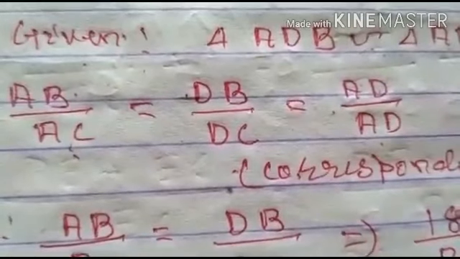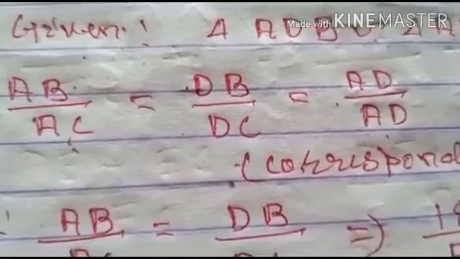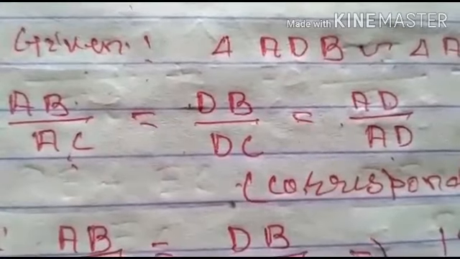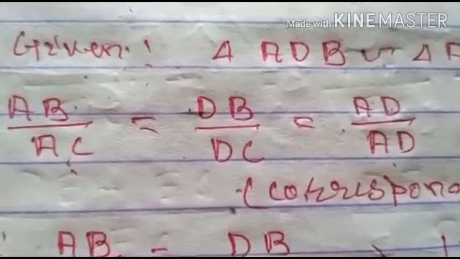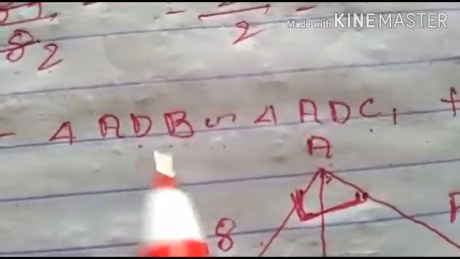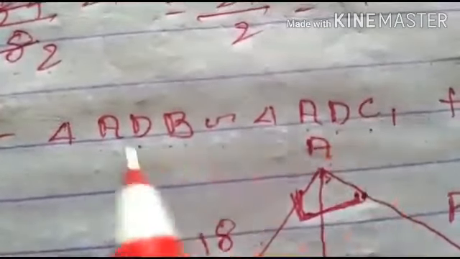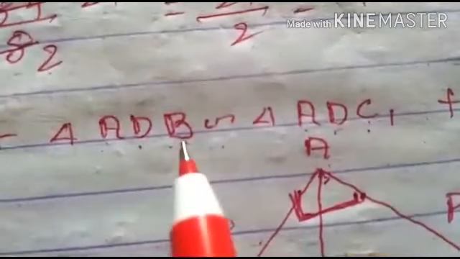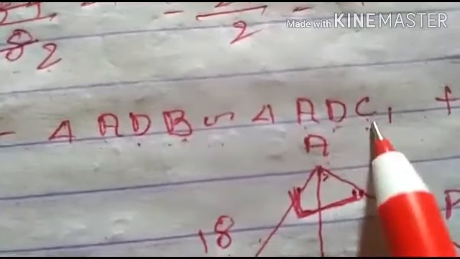And we know that the corresponding sides of similar triangles are proportional. So you can take the corresponding sides from the symbol of similarity also. AD corresponds to AD, AB corresponds to AC, and DB corresponds to DC.